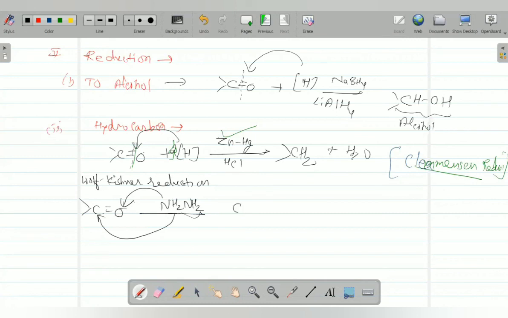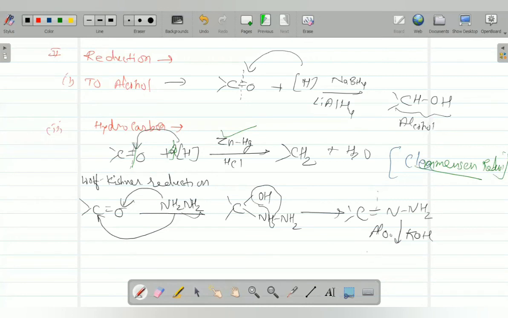Same as what we have done. So this first gives OH and NH2, which loses water, gives C double bond N and NH2, and then we have to hydrolyze with alcoholic KOH, which reduces it into CH2. That is an alkane, and nitrogen is removed.